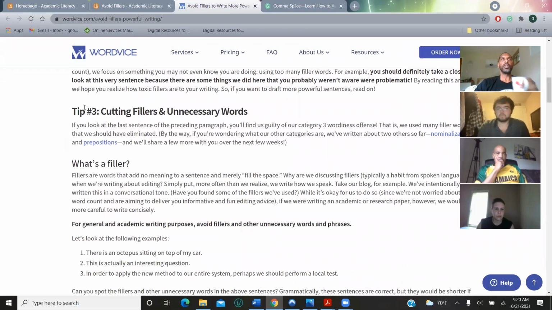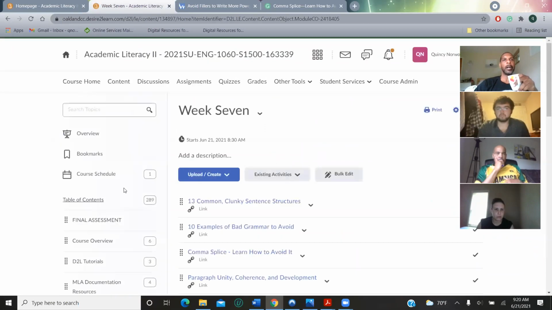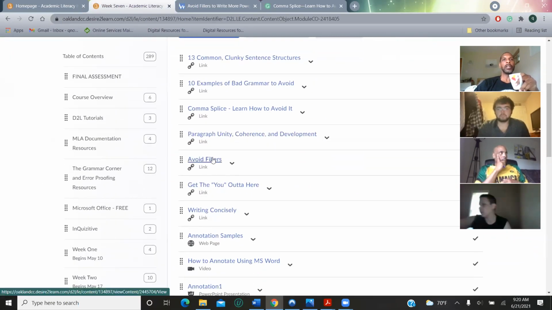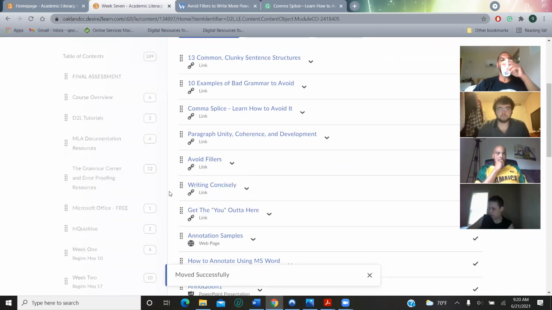This handout, there's actually two of them in the week 7 module. I'm just looking at this one, but there's avoid fillers, and then there's writing concisely.